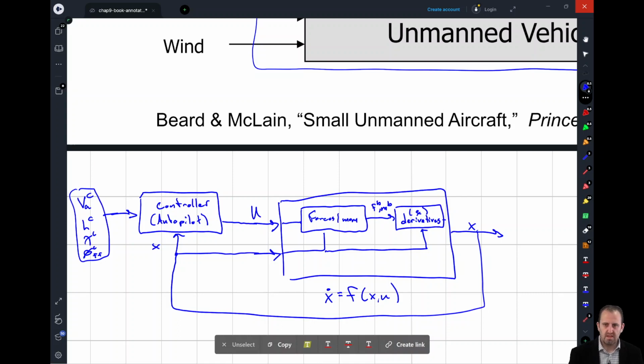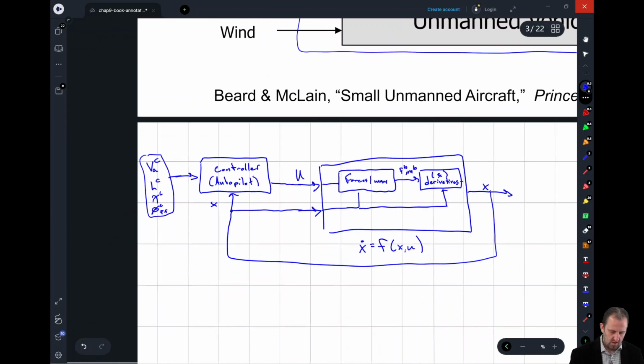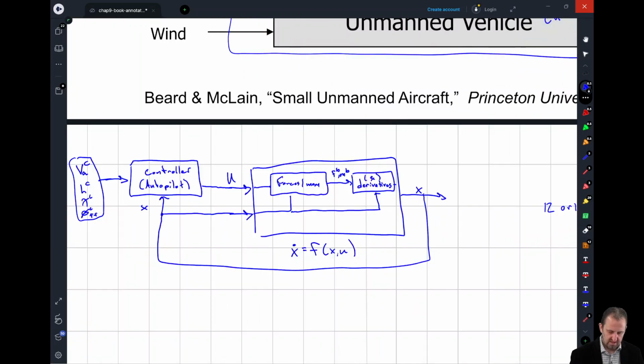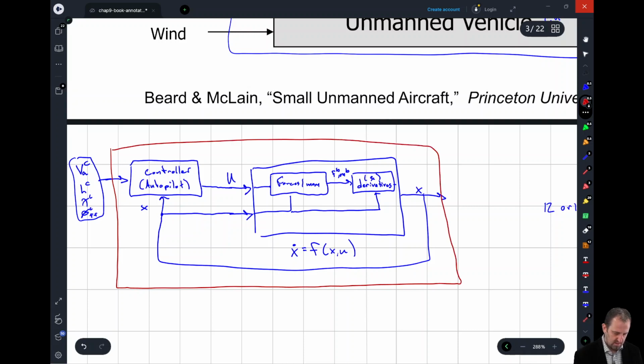Okay, so what we can do is treat this as a full system where, over here, the red box, the inputs are our autopilot inputs. The outputs, we're going to get a state out.